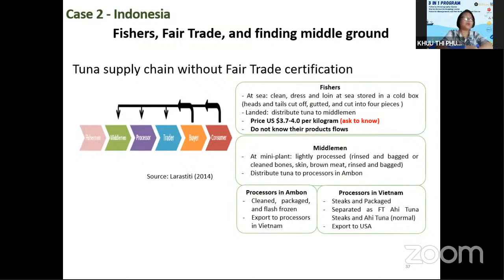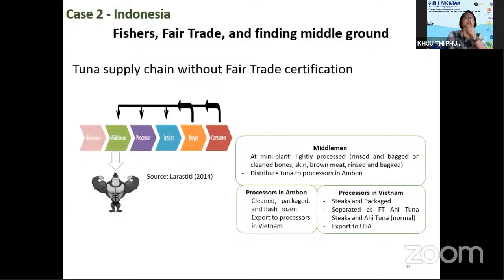And the middleman, without fair trade, distributes tuna to processors in Ambon. Processors in Ambon export to processors in Vietnam, and processors in Vietnam export to the USA after they process it.